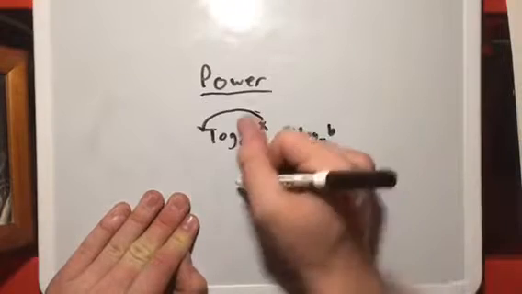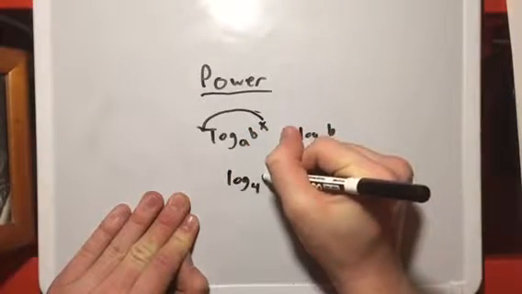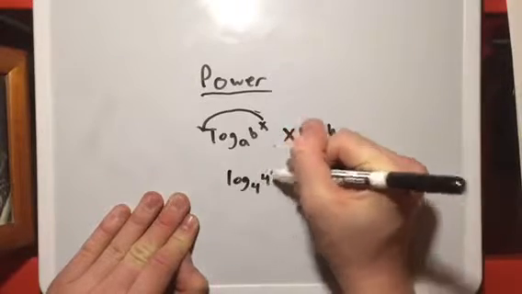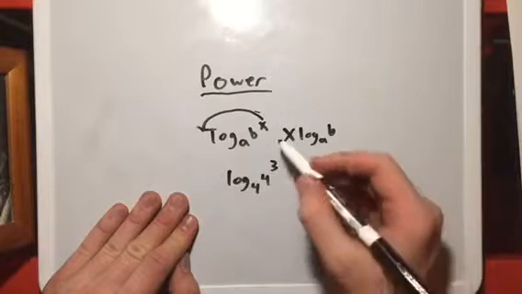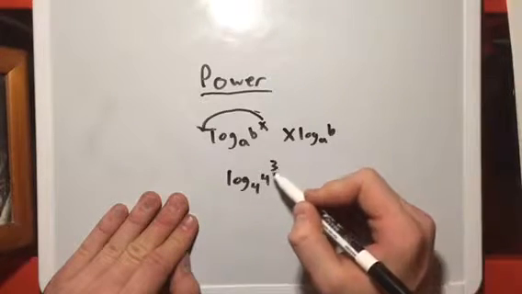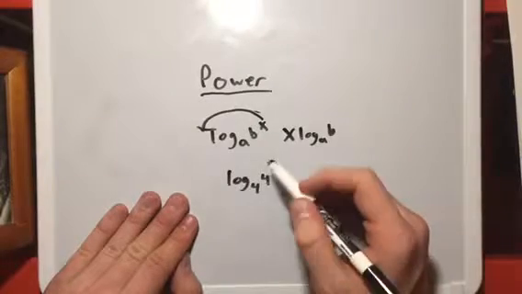Now let's add in some numbers. Let's take log base 4 of 4 to the 3. Now in order to solve this log, we cannot have this 3 right here because that messes the relationship between these two numbers up.